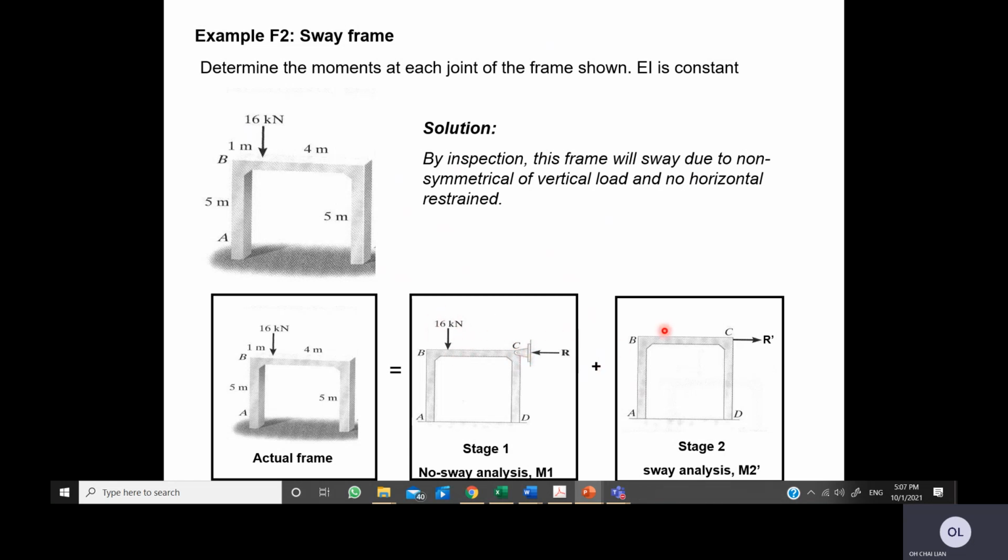Then we take out the loading and apply R prime, meaning we cancel this R and R prime in the principle of superposition, and it will equal the real problem. In stage 2, we need to determine this M2 and the R prime.